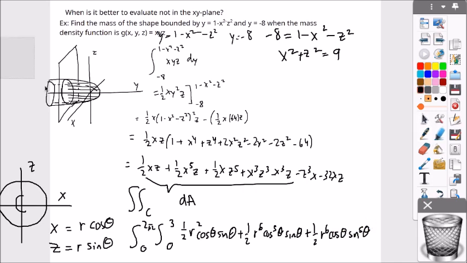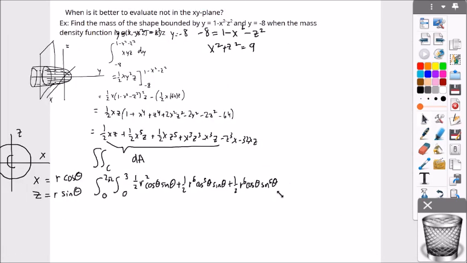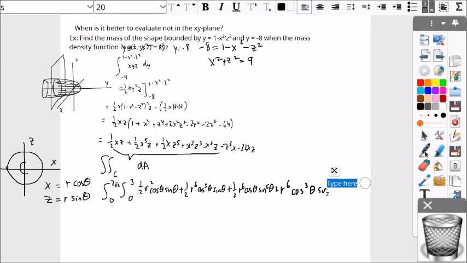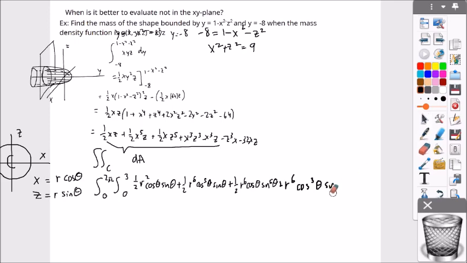And that's just 3 terms right there, and it's already this big. Plus r to the 6 cosine to the 3rd sine to the 3rd. Now you can do some pretty nice things with this, but I'm not going to, because this will take at least an hour to integrate, and I don't want to waste you guys' time.